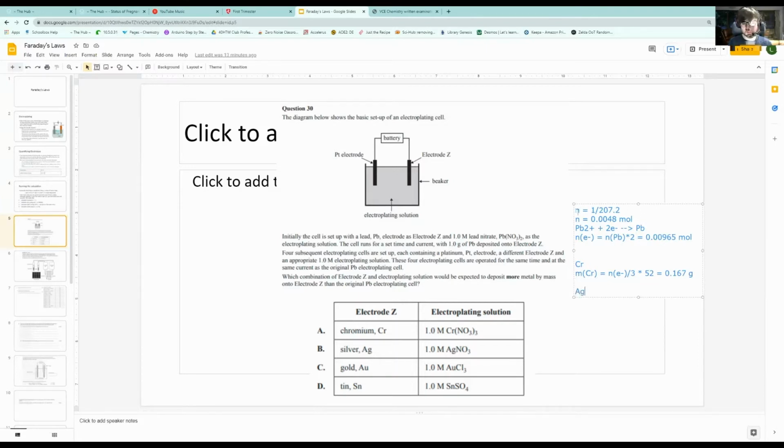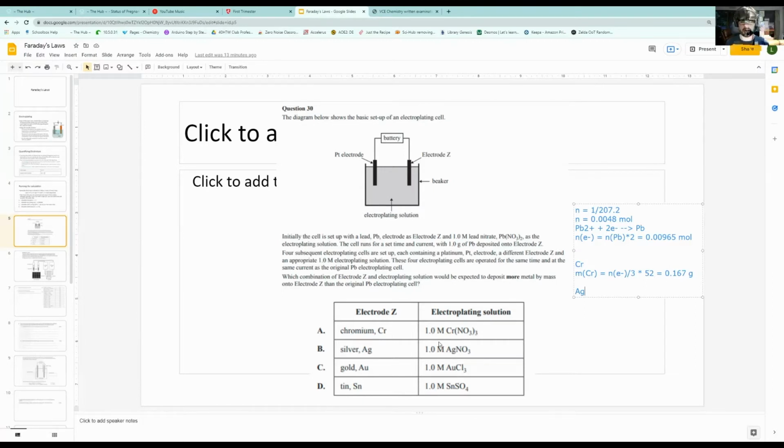Now that kind of makes sense because if we think about it, lead is really heavy, right? Lead's about 200 grams per mole, and it has a lower charge here. So there's going to be a lower mole of chromium because it needs 3 electrons per chromium and it's way lighter. So there really wasn't any chance there.